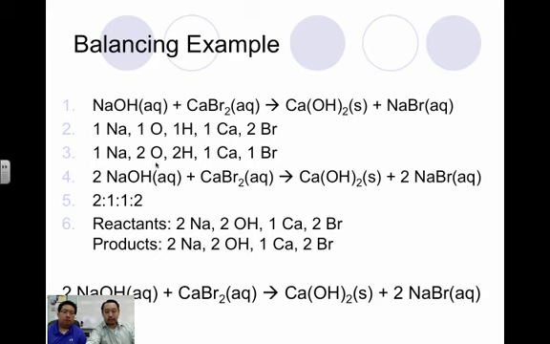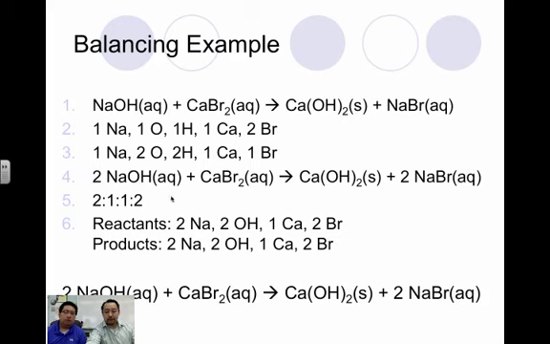Now, to get to that, you're going to have to do some multiplying. So to get from 1 to 2, you're going to have to multiply your reactant by 2. To do that, you have to multiply by the whole package. So you stick a 2 in front of the sodium hydroxide, and that affects that oxygen. So now you've got 2 oxygen on the left and 2 oxygen on the right.